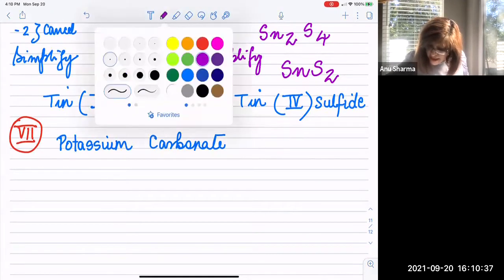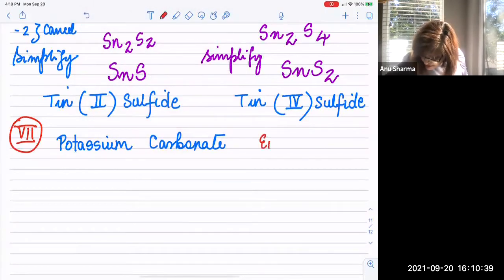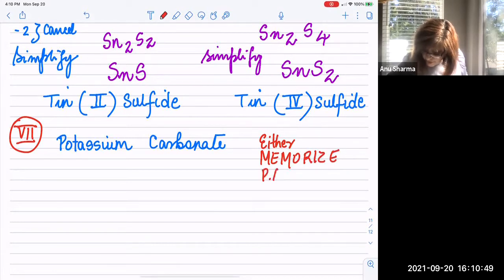So here's the thing, either memorize the polyatomic ions with charges and the symbols, or check.